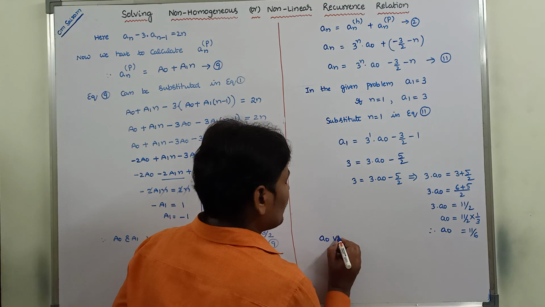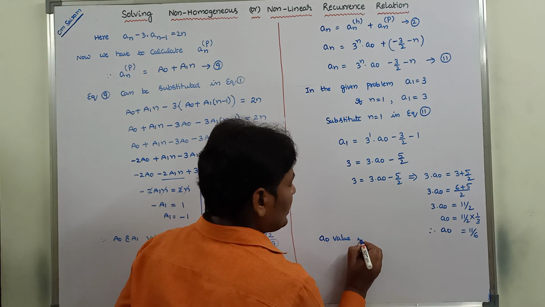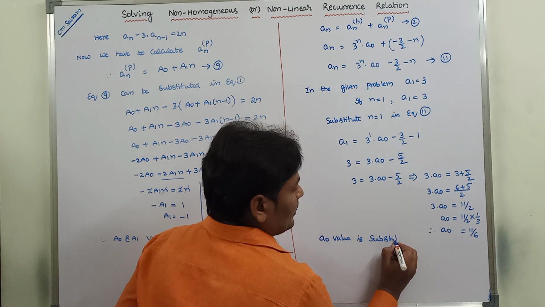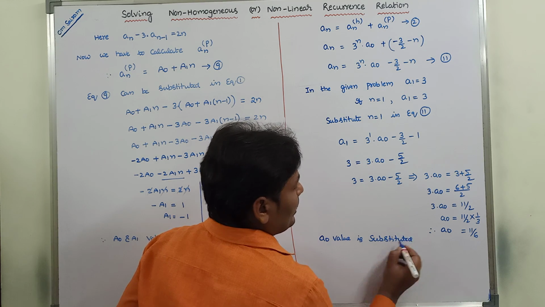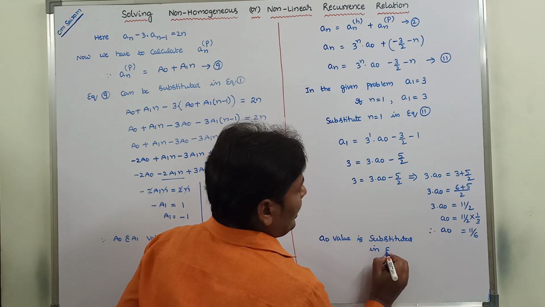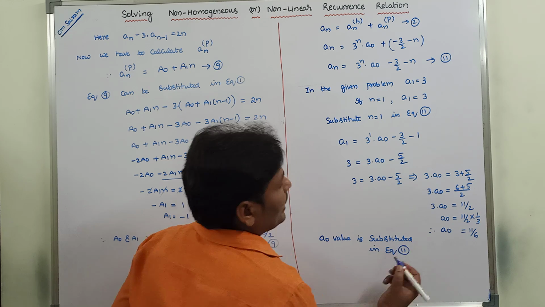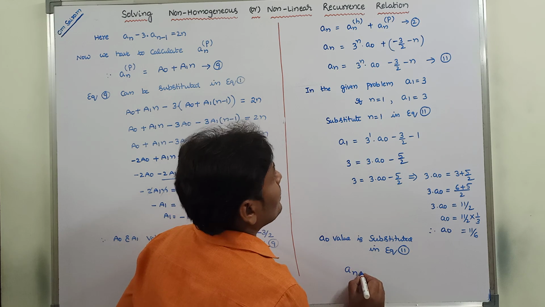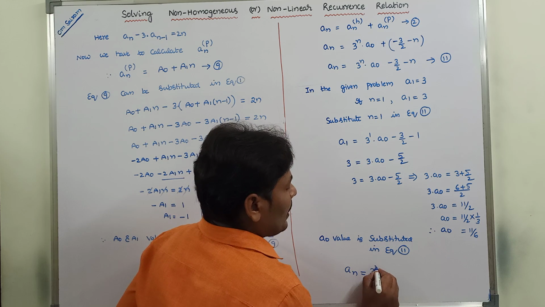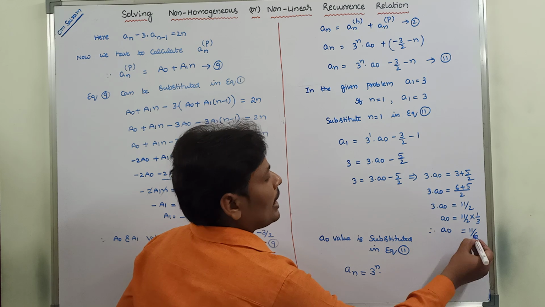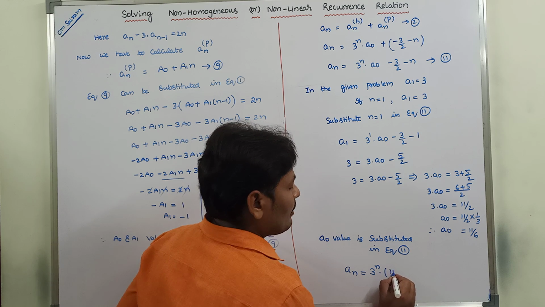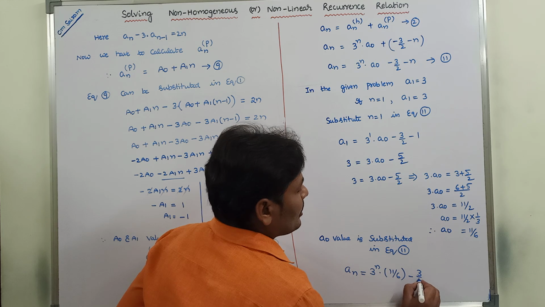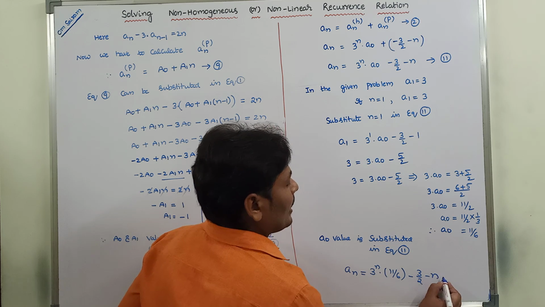So the a naught value is substituted in equation 11. Then we get a suffix n is equal to 3 power n into, the a naught value is 11 by 6, minus 3 by 2 minus n.